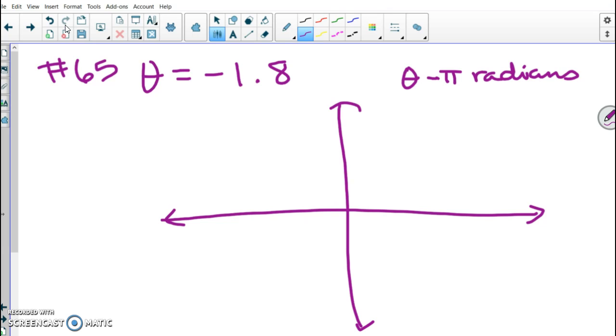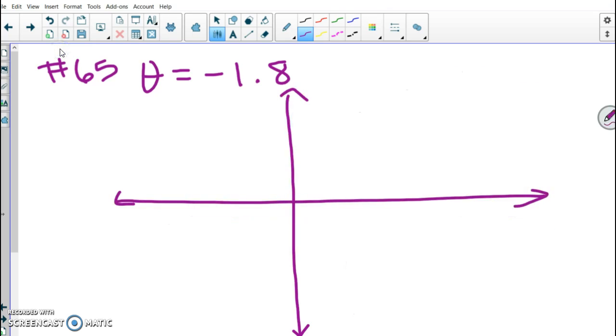What we need to realize here is we have negative 1.8 radians, so we know we're going backwards. So we have the radian measure negative 1.8, so we know we're going to be coming clockwise.